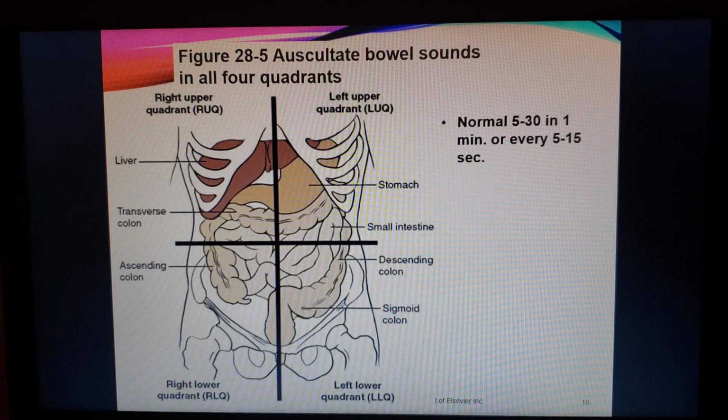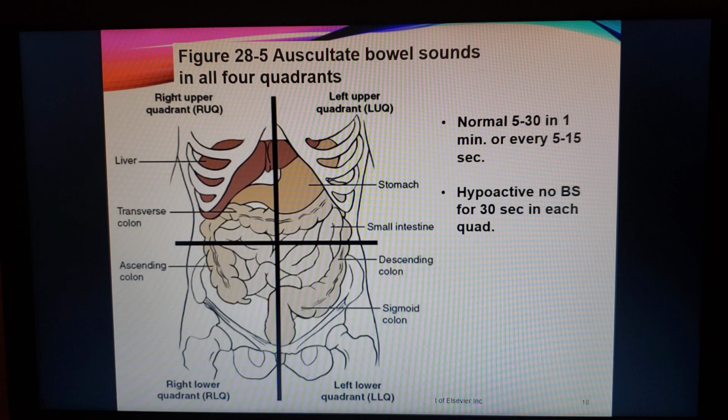Know that normal bowel sounds, you're going to hear gurgles or clicks, about 5 to 30 in a minute. We state that bowel sounds are hypoactive when we hear no bowel sounds for 30 seconds in each quad. So we have a decreased amount of gurgles or clicks with hypoactive. Hyperactive is more frequent gurgles or clicks.